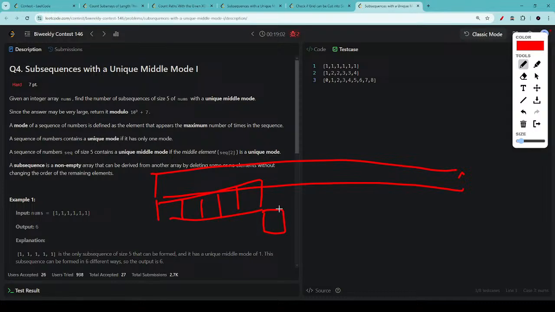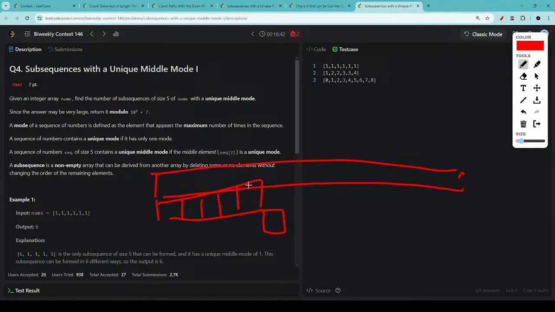The mode can change completely. Actually, not really. The mode still depends on what these numbers are.